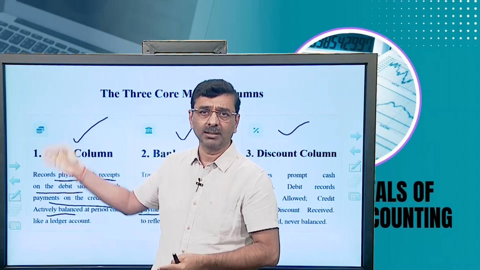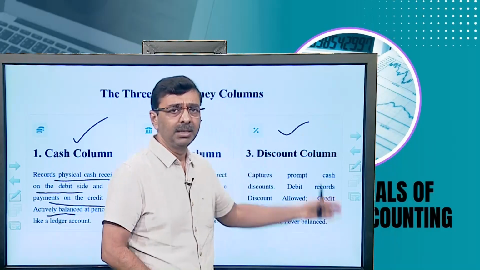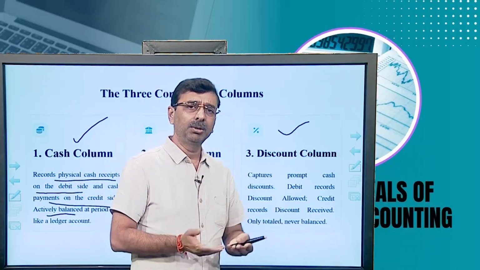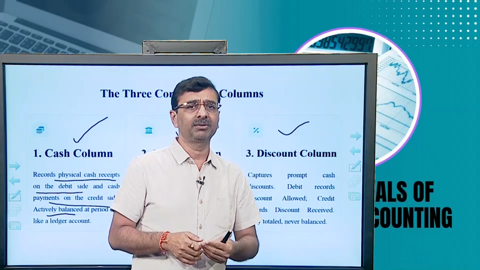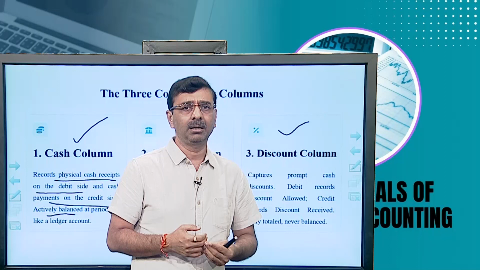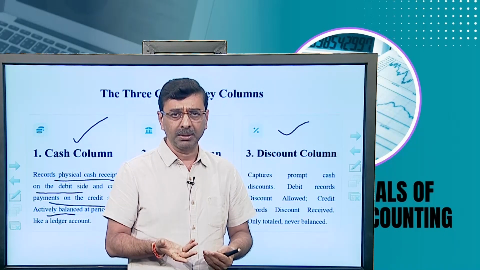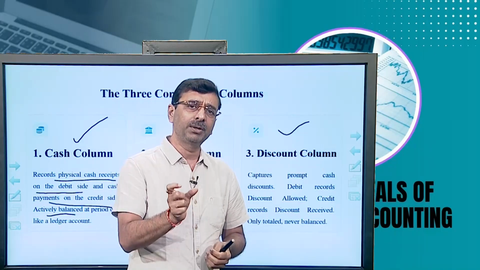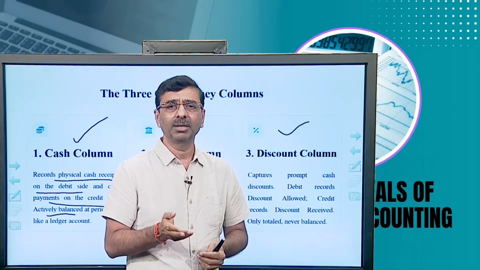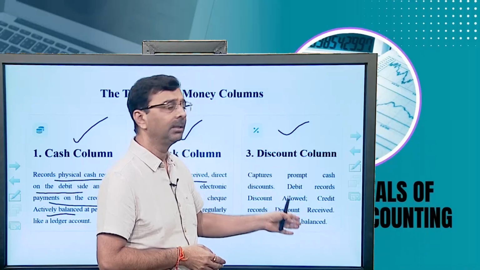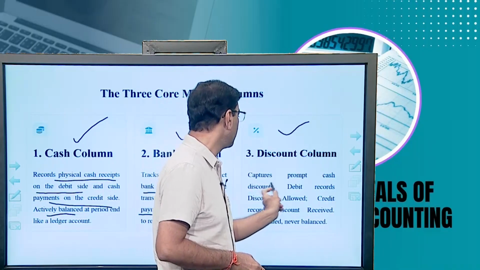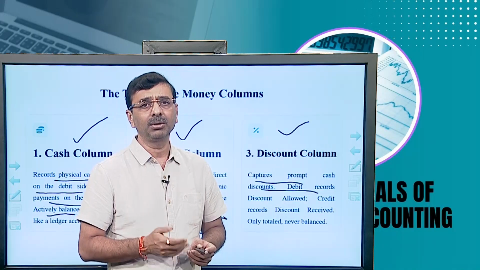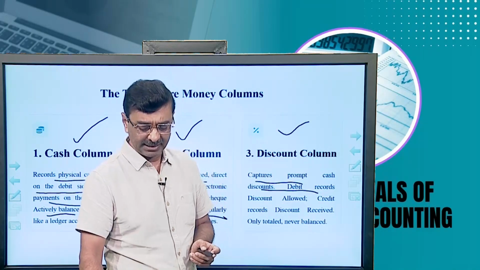That's why discount allowed is on the debit side, it's an expense, and discount received will be recorded on the payment side, on the credit side, because whenever you make a purchase and you pay an amount lesser than the actual amount, the difference is your income. So that's why the discount received will be recorded on the payment side. So this is the consideration of discount allowed and discount received.